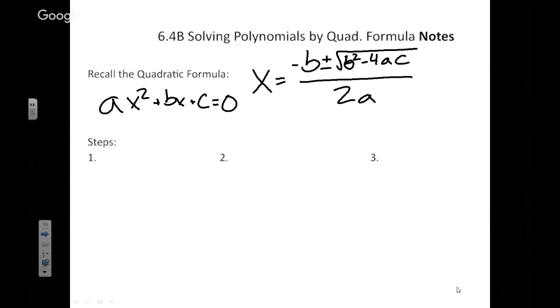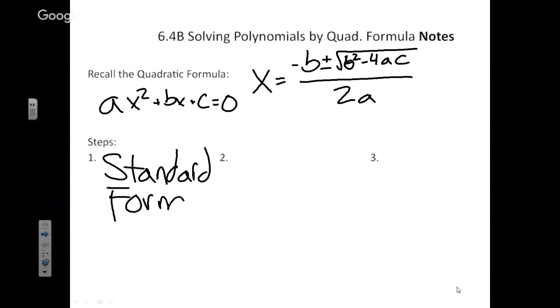And then when you're looking at the steps of how to solve a polynomial with the quadratic formula, the first step is always get into standard form, which just means that it equals 0. So getting it to look something like ax squared plus bx plus c equals 0.